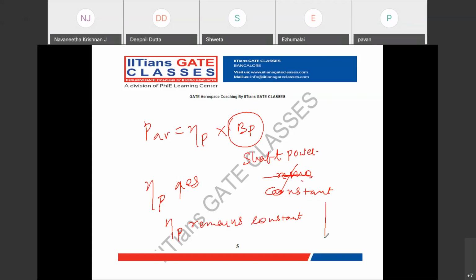That is why initially there is an increase in power available with respect to velocity, but after a certain speed power available is more or less constant. This is how power available behaves with respect to velocity.